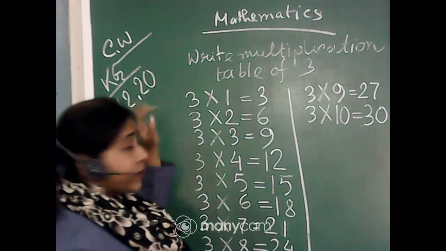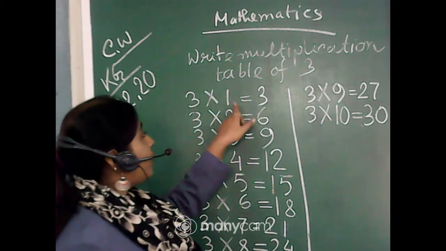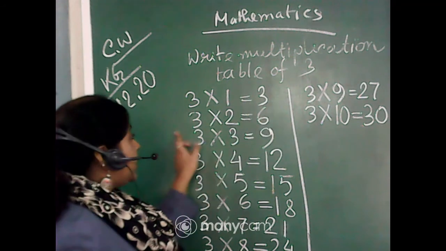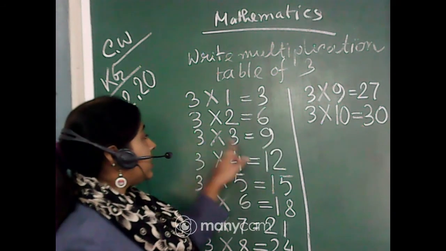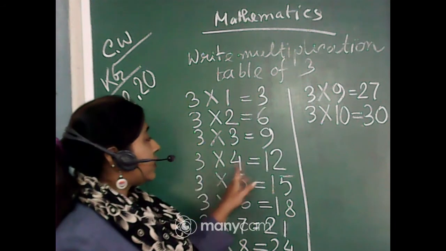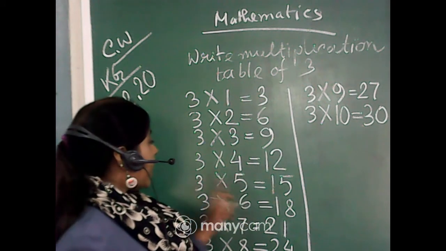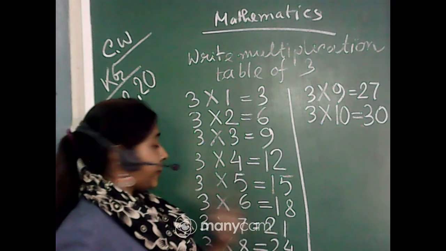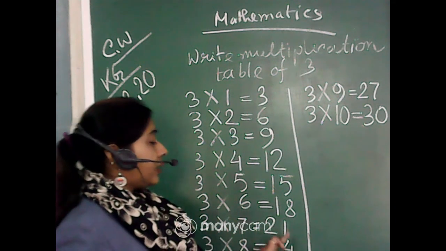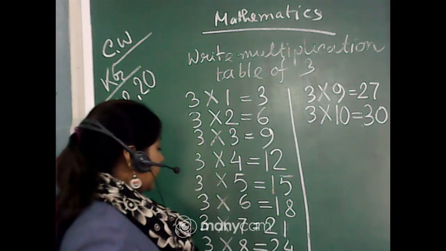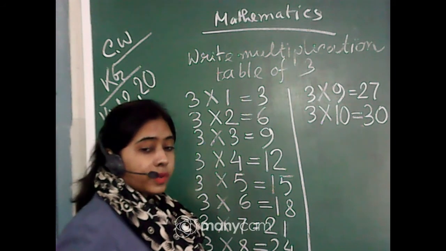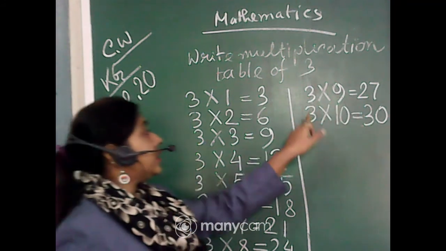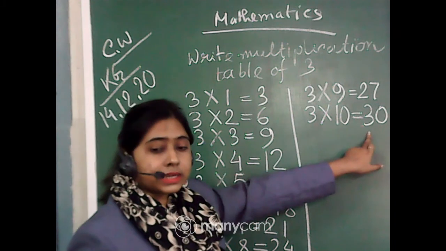Okay? Now I am repeating this portion from the starting. 3 multiplied by 1 is equal to 3. 3 ones are 3. 3 twos are 6. 3 threes are 9. 3 fours are 12. 3 fives are 15. 3 sixes are 18. 3 sevens are 21. 3 eights are 24. 3 nines are 27. 3 tens are 30.